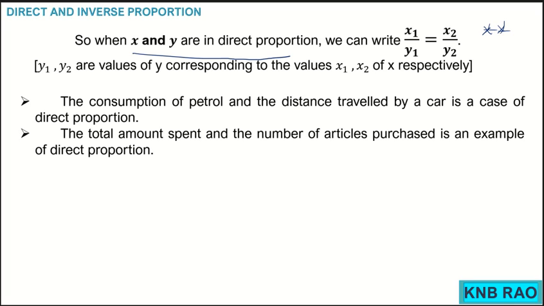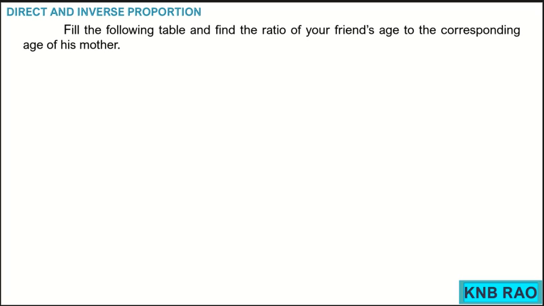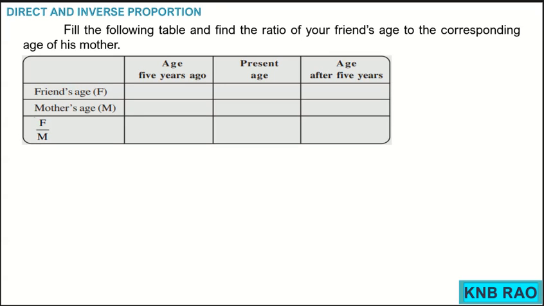Children, let us come to another situation where we fill the following table and find the ratio of your friend's age to his mother's age. The table has your friend's age as f, his mother's age as m, and you are finding f upon m, the ratio between f and m.